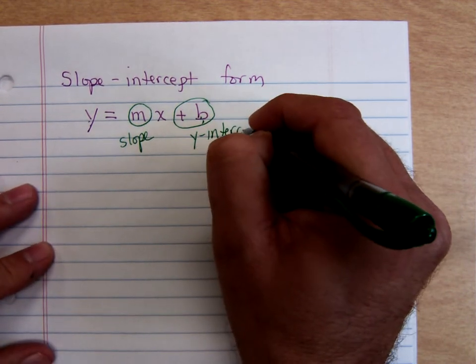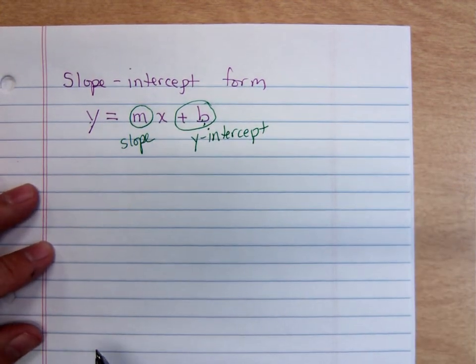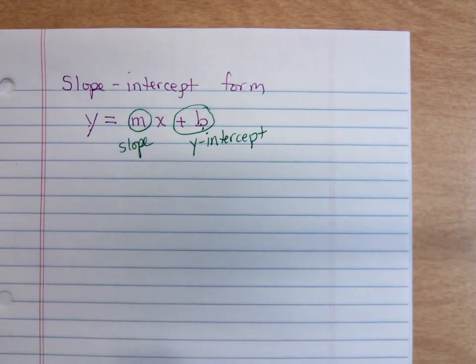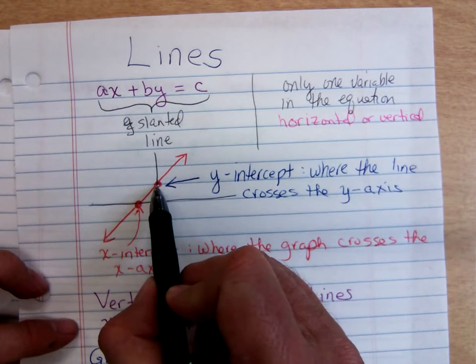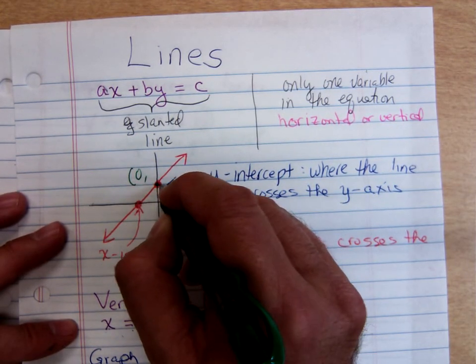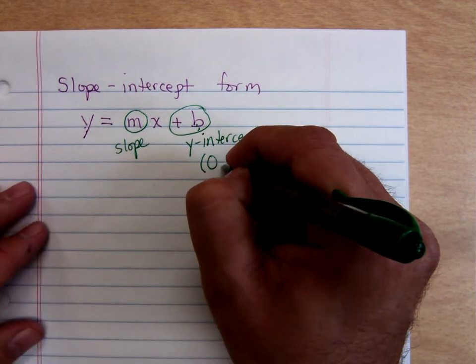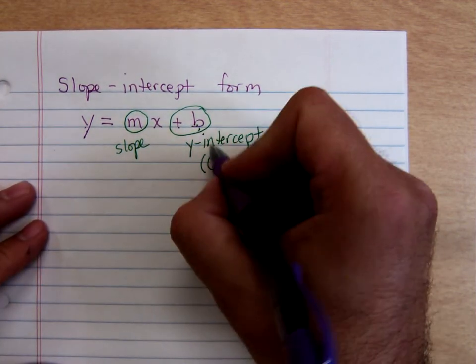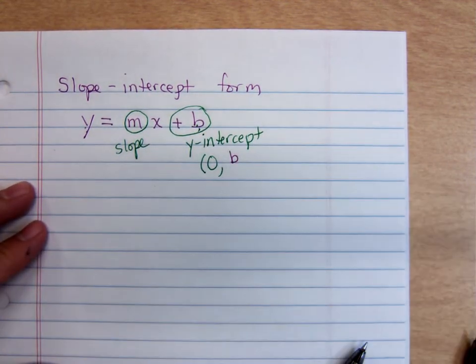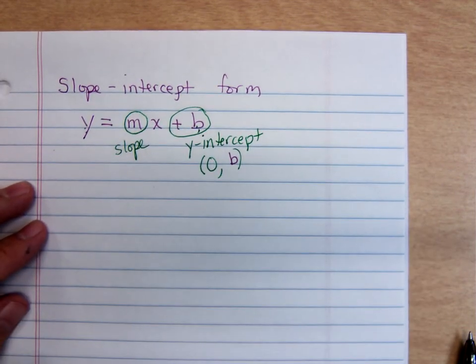The y-intercept is where the graph crosses the y-axis, and on a y-intercept, the x-coordinate is 0. It's crossing the y-axis. So 0, comma, whatever this number b is, that would be the y-intercept. We write those y-intercepts as ordered pairs.